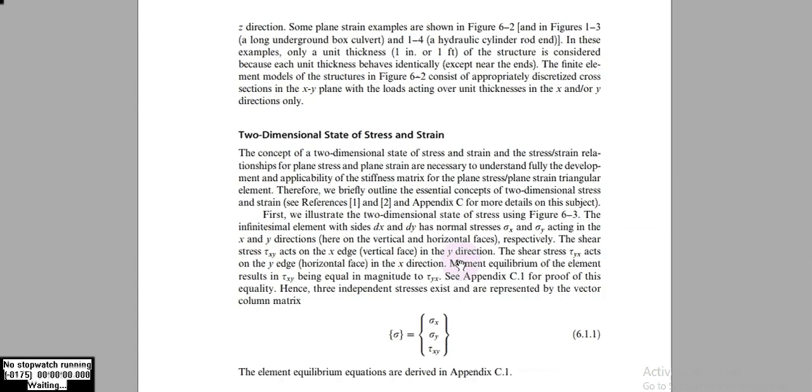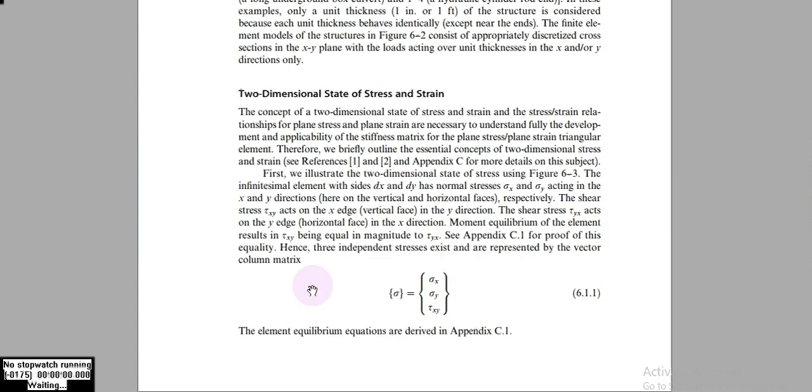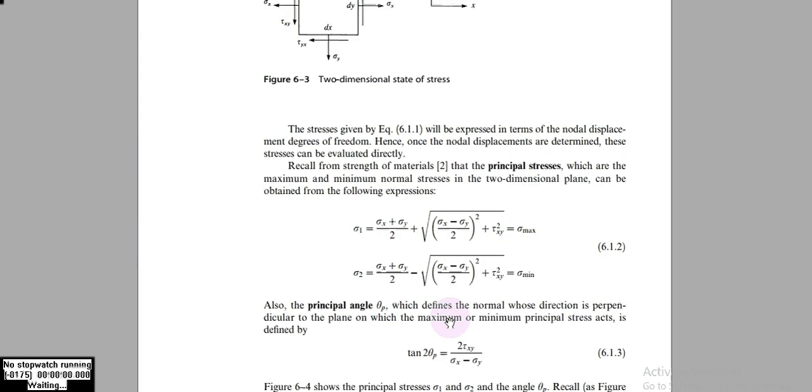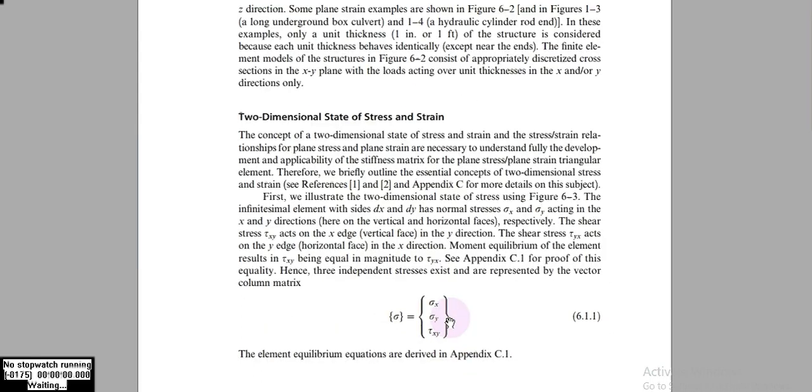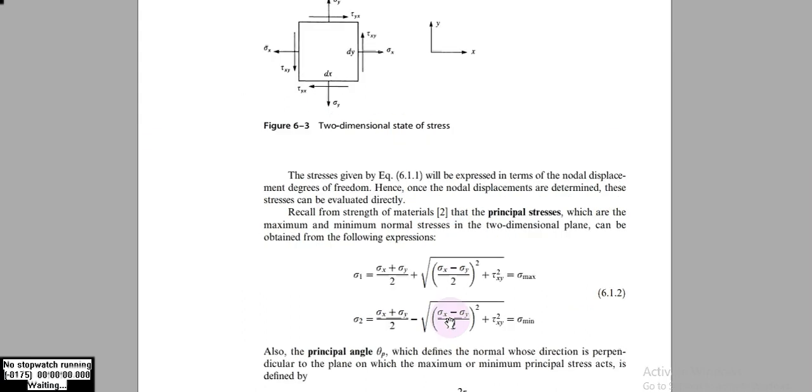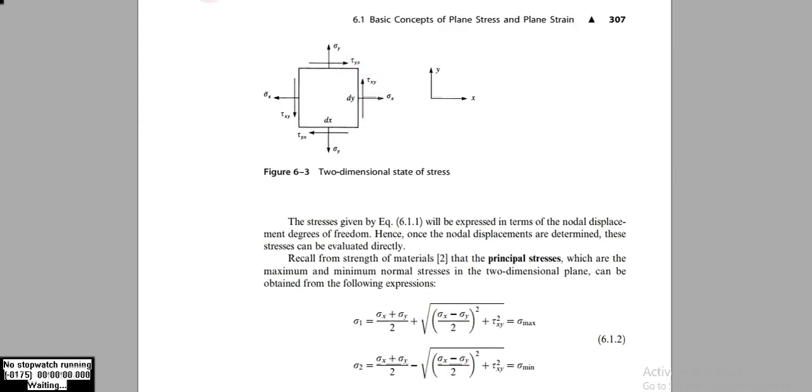So basically we can consider this two-dimensional stress, that is sigma x in the x direction and sigma y in the y direction, and the shear stress in the xy plane. So we can see here in this diagram that the sigma x in rightward and leftward direction is acting, and sigma y in upward and downward direction is acting.